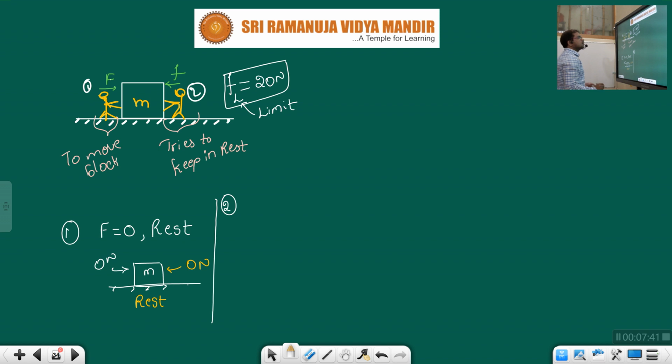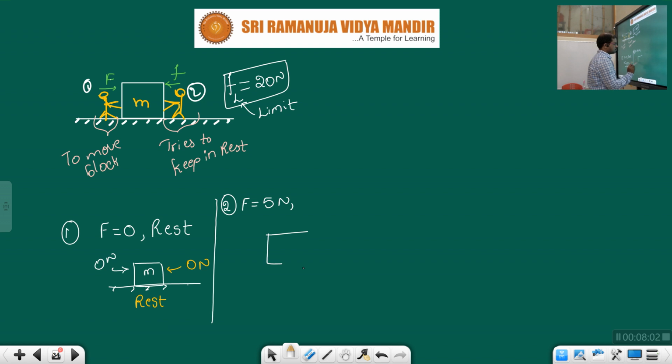Now, second case, children. The force applied by the first person now is 5 newtons. Okay, he may apply 5 newtons. But what will the second person do, children? He is trying to make the block rest now.